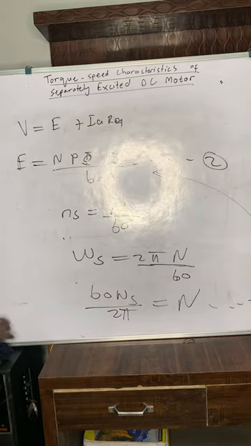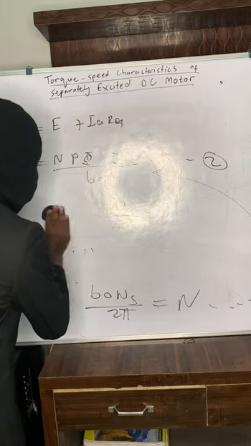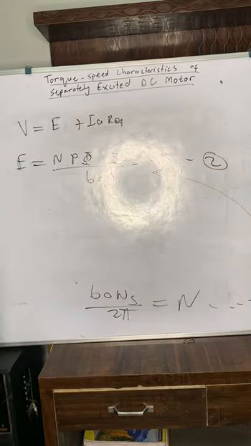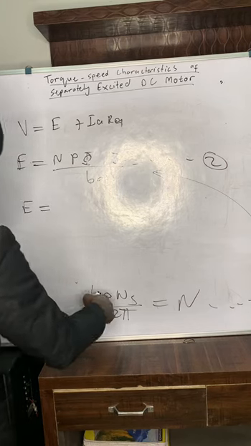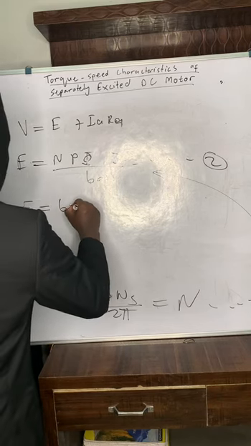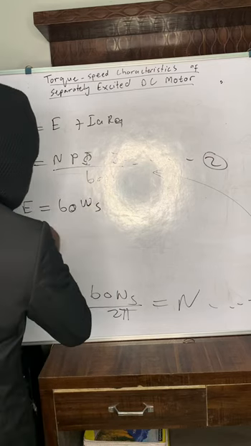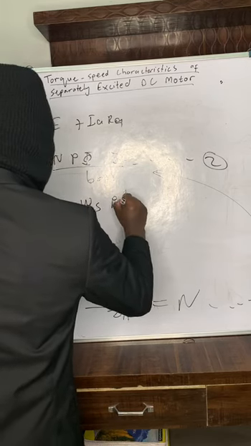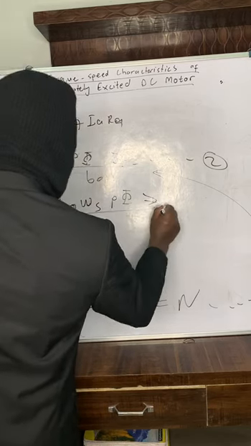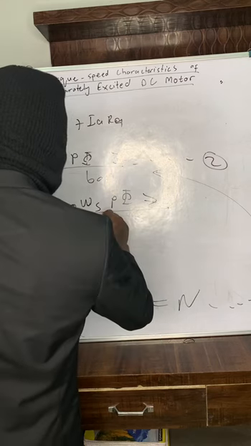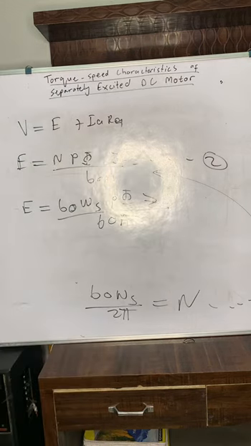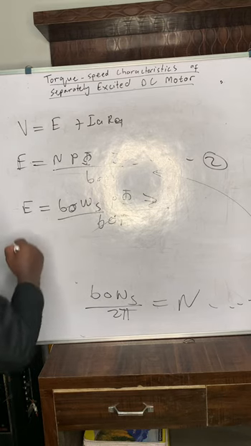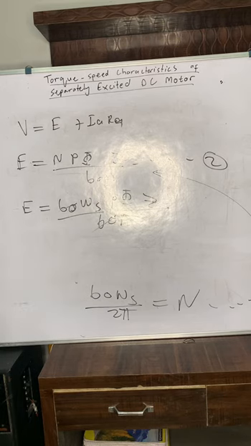So our equation 2 is going to become E equals, we substitute N, 60 omega S P phi Z over 60A. You can see that the 60s cancel each other.